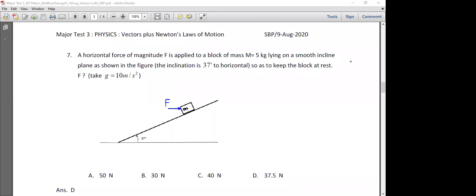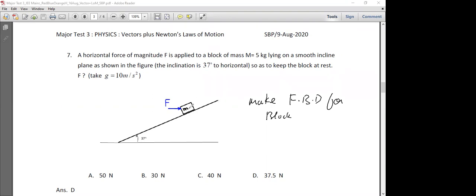Rakshit, what I suggest is start by making a free body diagram. In the seventh question, make the free body diagram for the block first. In that free body diagram, you can see what all forces will be acting.